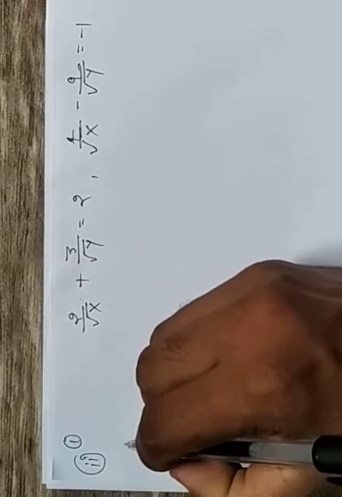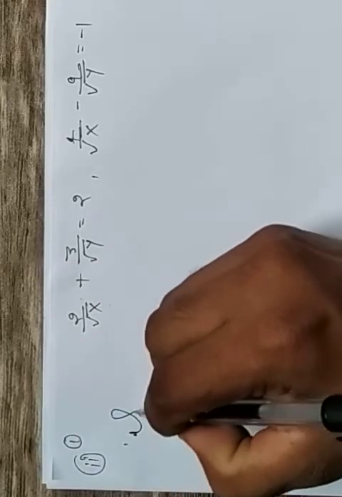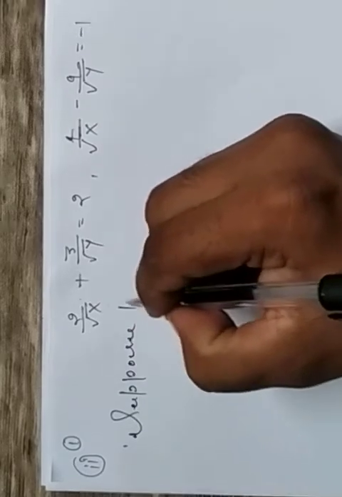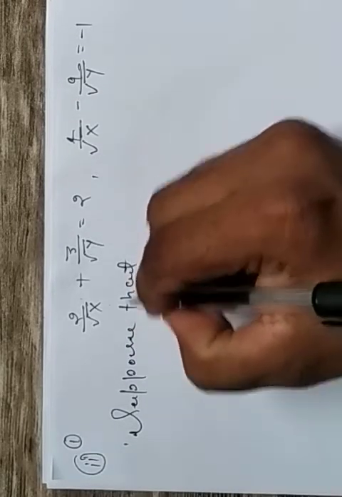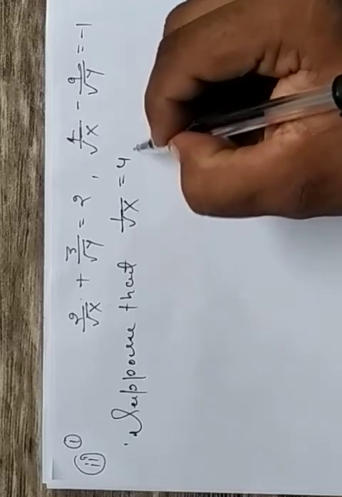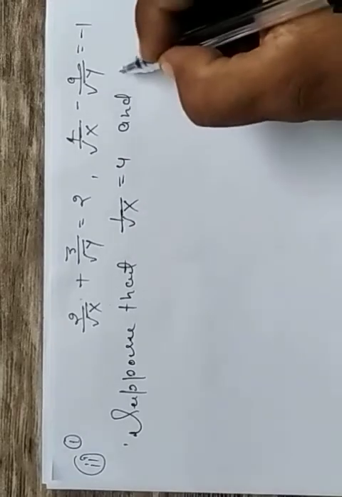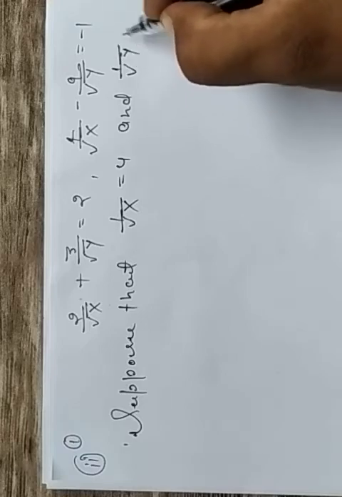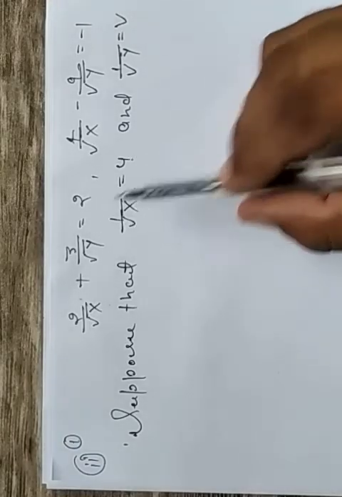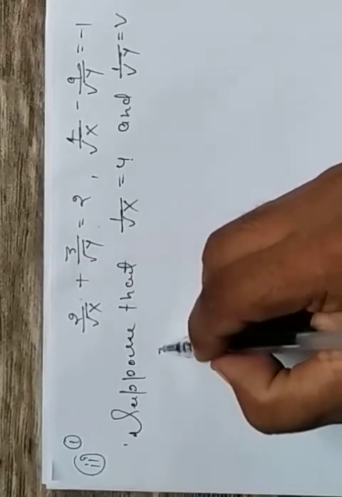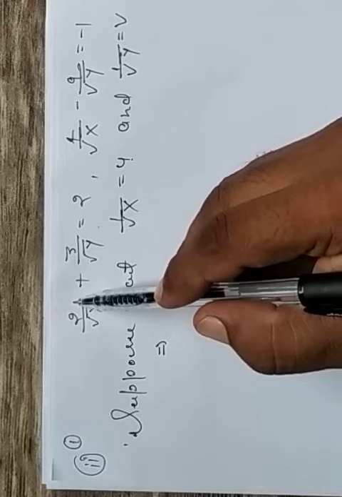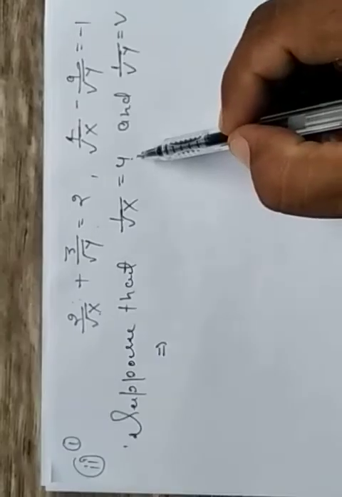Now see, suppose that 1 by root x is equal to u and 1 upon root y is equal to v. Now put value of u and v in equation 1 and 2. Then we are getting what? On the place of 1 by root x we are putting u.